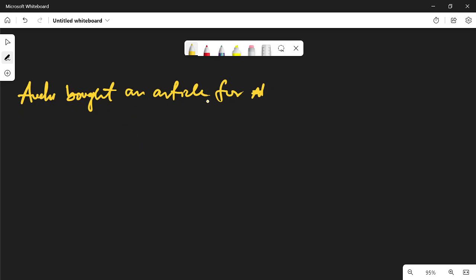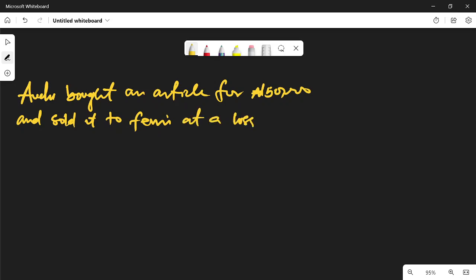So we have that Audi bought an article for 50,000 naira and sold it to Femi at a loss of X percent.